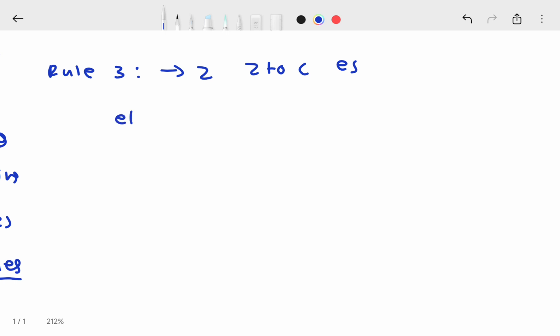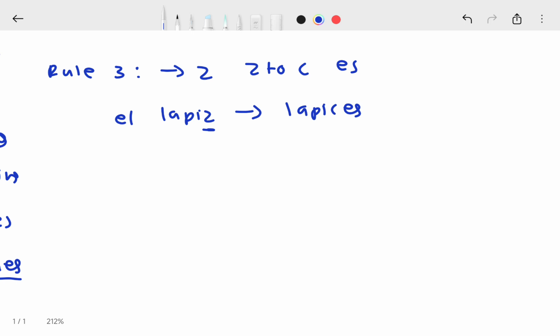For example, el lápiz. As it ends with z, we will change z to c and add es. So it will be lápices. So these are some of the ways where we can convert the singular into the plural.